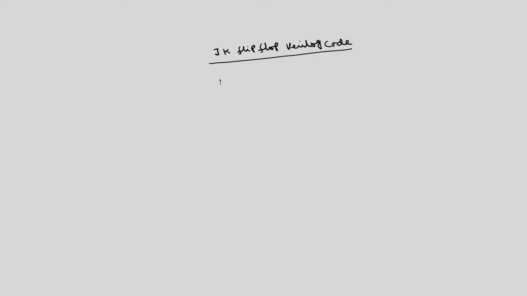So, we know the JK flip flop. If I take only this block, because we are not interested in the internal circuit diagram in case of behavioral modeling, this is J, K, Q, Q bar, and then we have the clock. So what is the truth table of this?